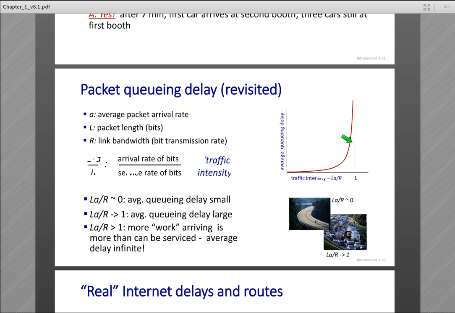Why does this happen? Because in the morning, the bank is empty. There is no customer in the bank, so you are standing in an empty queue or in a queue with small length. So according to this chart, the traffic intensity in the bank is low, near to zero. So you spend a few minutes to get your service.